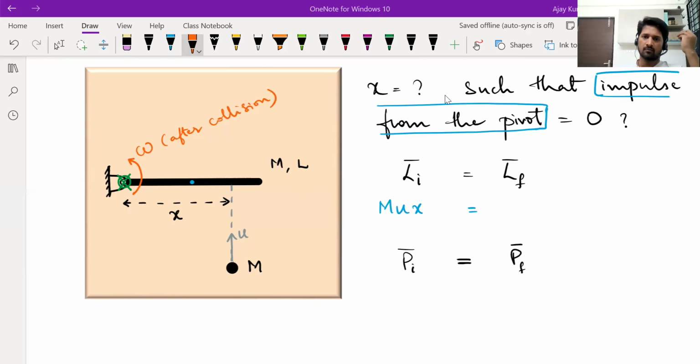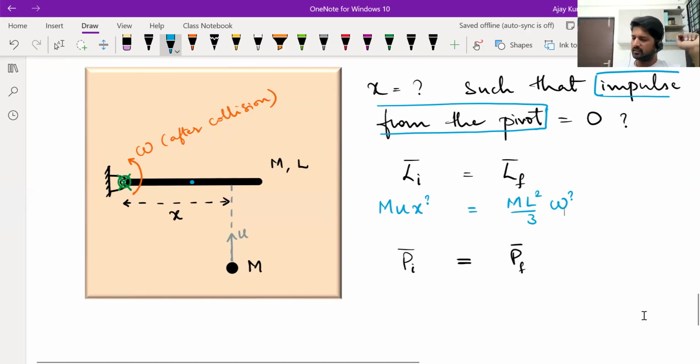Sir, 0 plus ml square by 3 omega. Okay, particle's angular momentum becomes 0. Rod's angular momentum will be I omega, its moment of inertia about that axis ml square by 3 into omega. Now here x is unknown, omega is also unknown. So you can't find out x from this single equation. We need one more equation. That's the linear momentum equation.